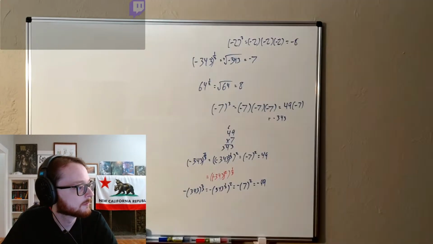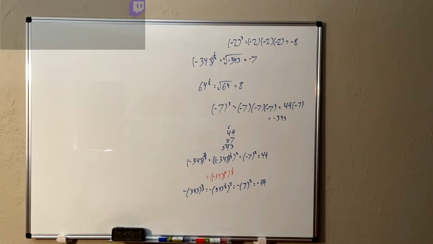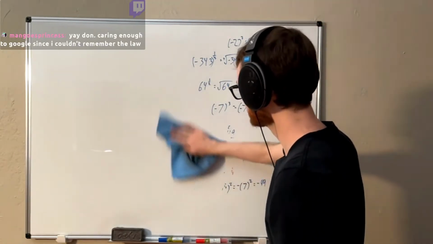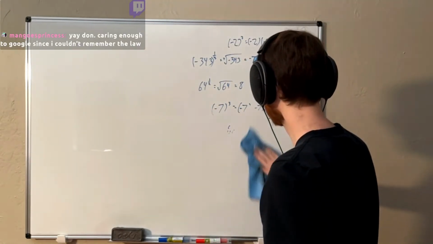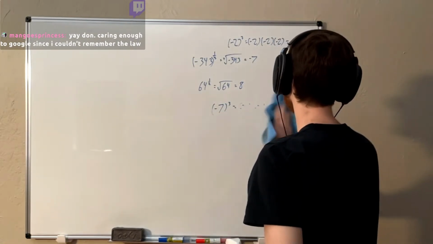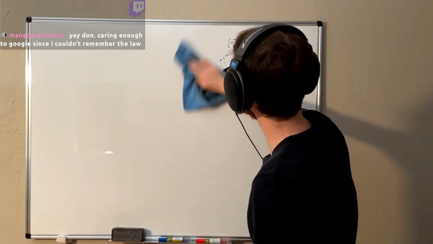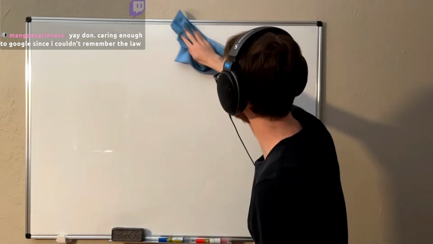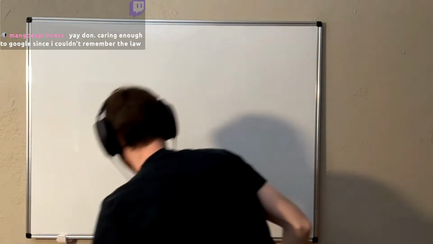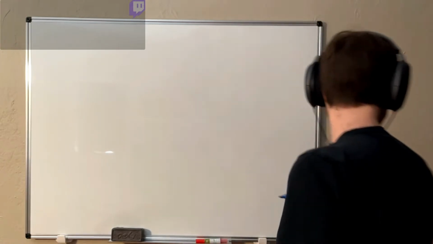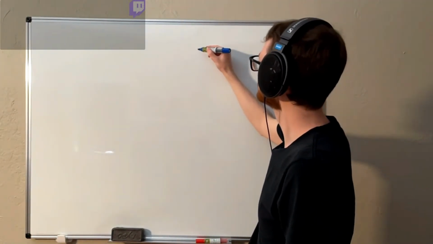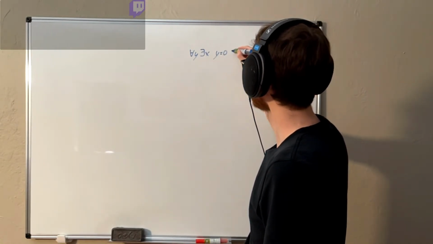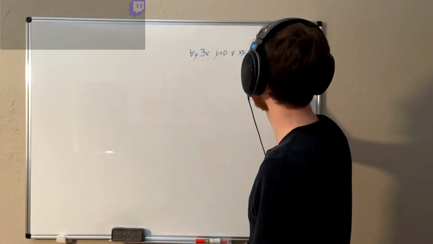Let me just write it out. For all y, there exists an x such that y equals 0 or xy is greater than 0.